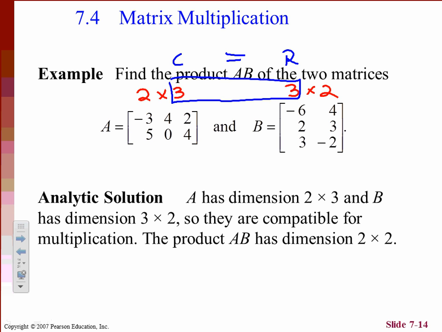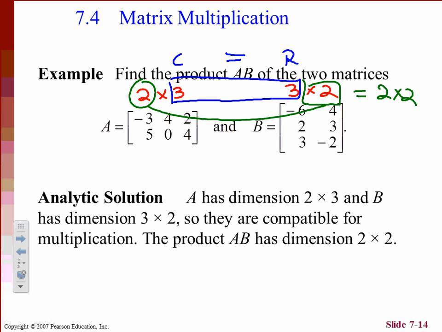And then the product, your answer, the matrix you get, is going to be a 2 by 2. So the numbers in the middle, the way the rules work, cancel out and you end up with a 2 by 2 matrix.